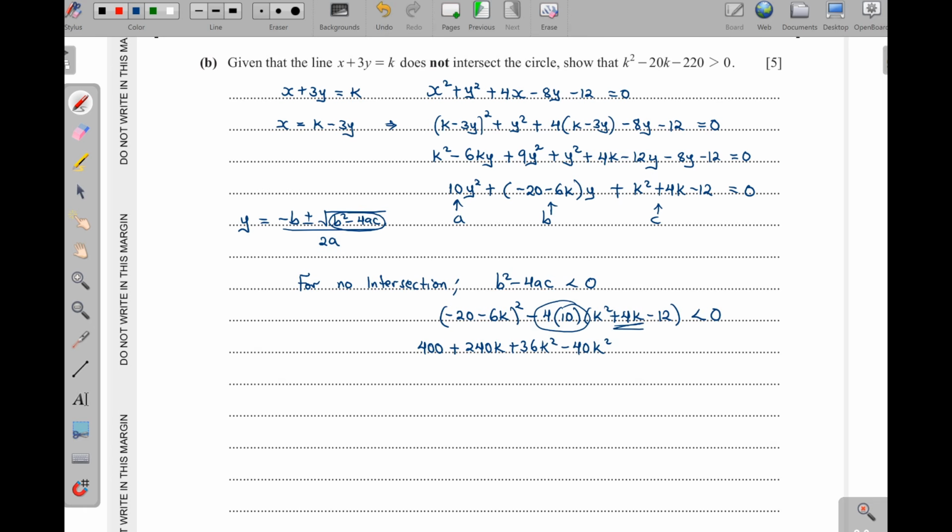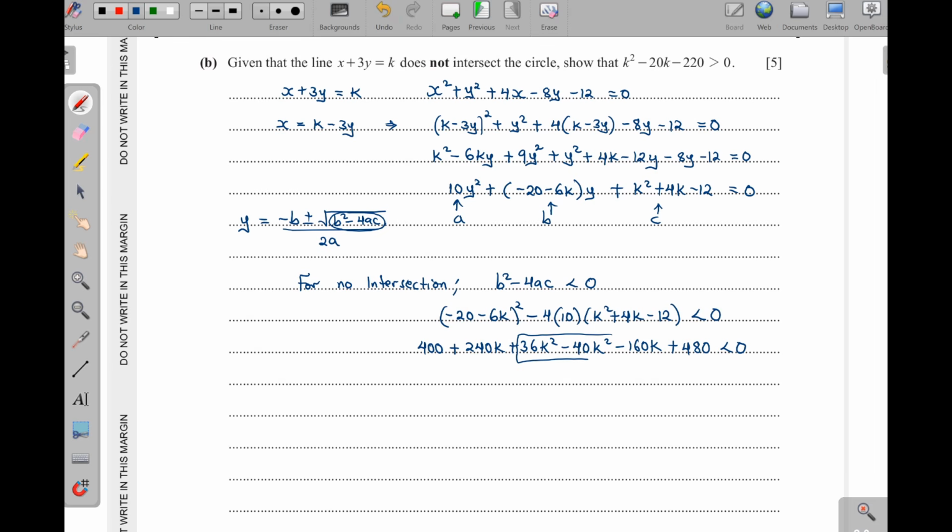Negative 40 times 4k will be negative 160k. And then 40 times 12 is 480. A negative times a negative is a positive, so positive 480. You have to be careful here with the signs.